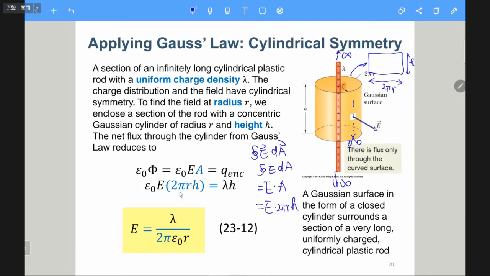Then for the Gauss law, we have epsilon naught times the net flux equals the Q enclosed. For the top and bottom ends, the E field is perpendicular to the surface, so it doesn't contribute anything to the total flux.